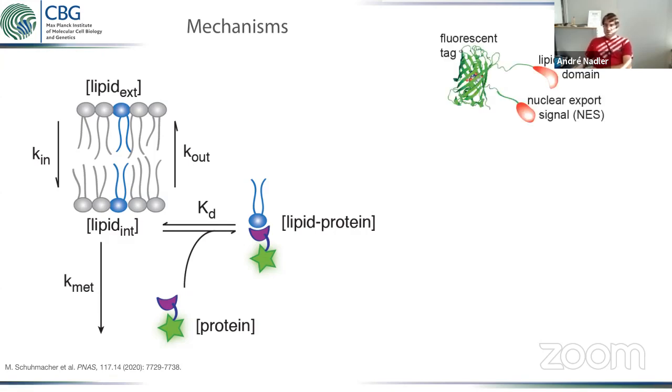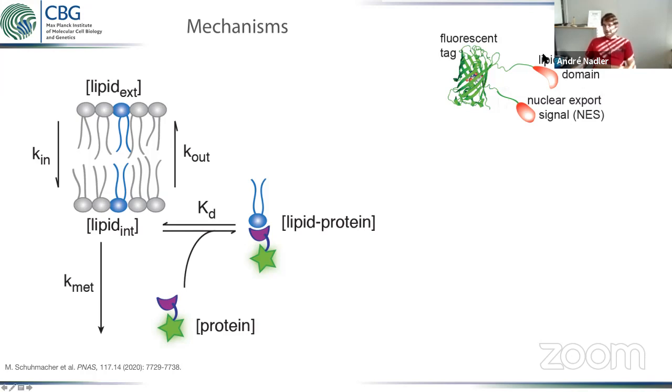Now, if we would do this with a full-length effector protein, we would also have to take into account cooperativity, so lipid binding to individual lipid binding domains within the protein, and also interaction with further proteins down the signaling pathway. So what we decided to do to further simplify the system was to go with a minimal diacylglycerol binding protein.